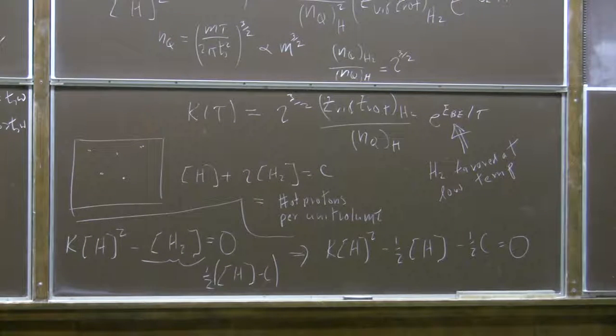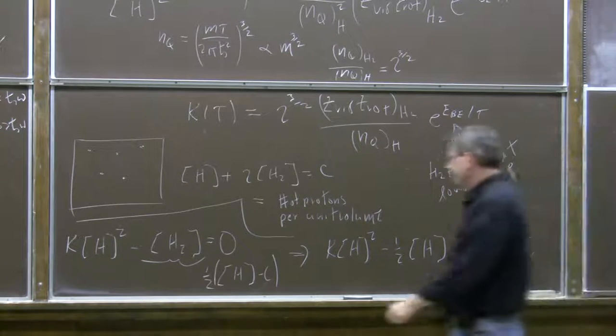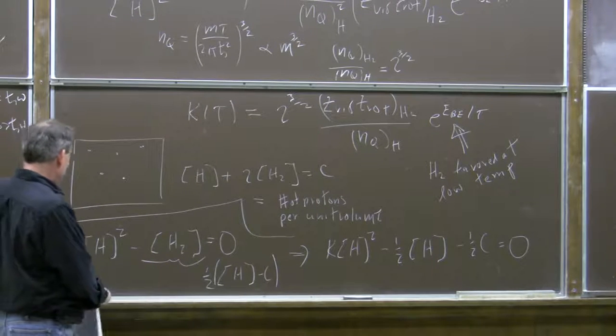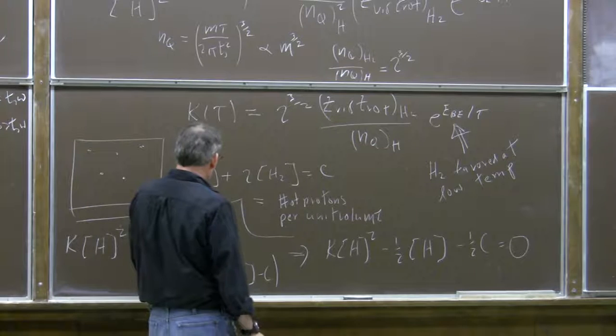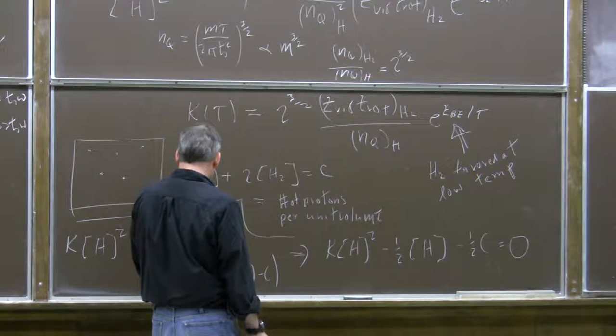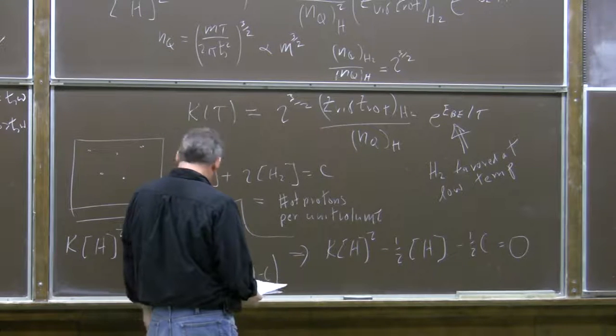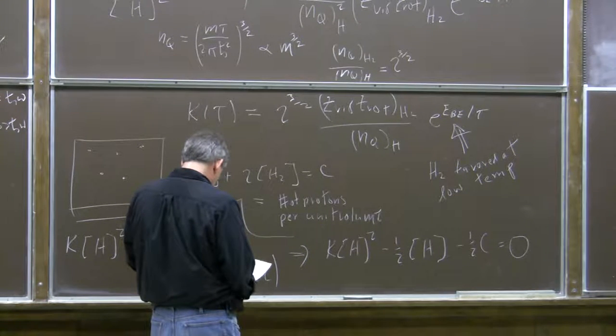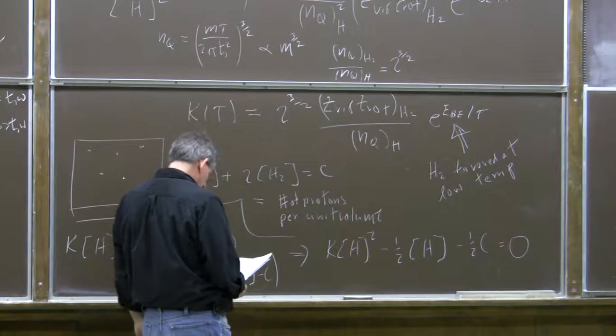Wait a minute. Right, this is, oh, I see. K H squared minus 1/2 H. Why do I say it's minus 1/2 C?